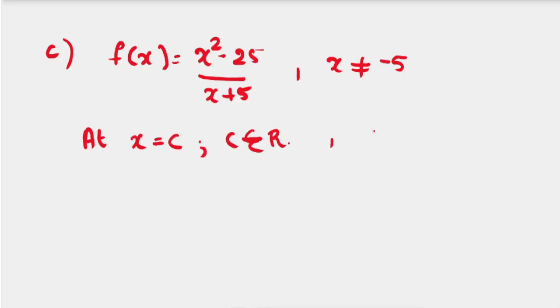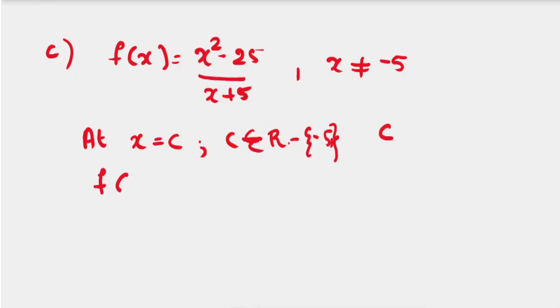Here also the condition is that c belongs to real numbers except minus 5. Minus 5 should not be included here, because in the denominator if we put x as minus 5, we'll get the denominator as 0, which is not defined. So we cannot check the continuity if x is equal to minus 5.